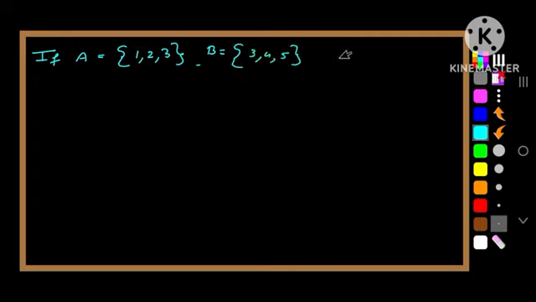The first question is, if A is equal to 1, 2, 3, these are the elements of a set A, and B is equal to 3, 4, 5, then find A minus B and B minus A. So this is our question.